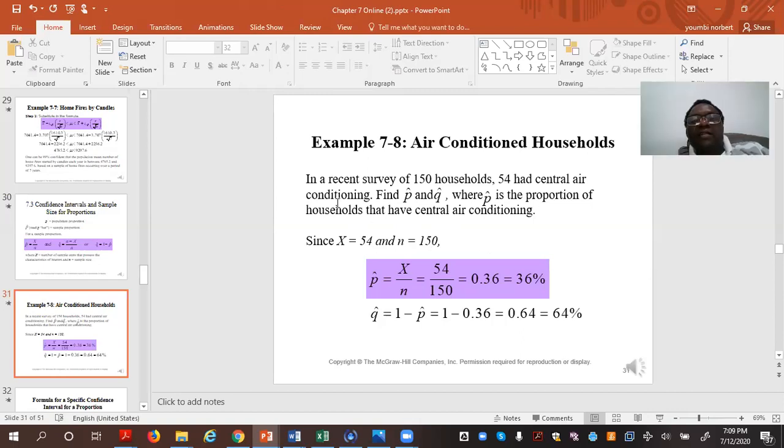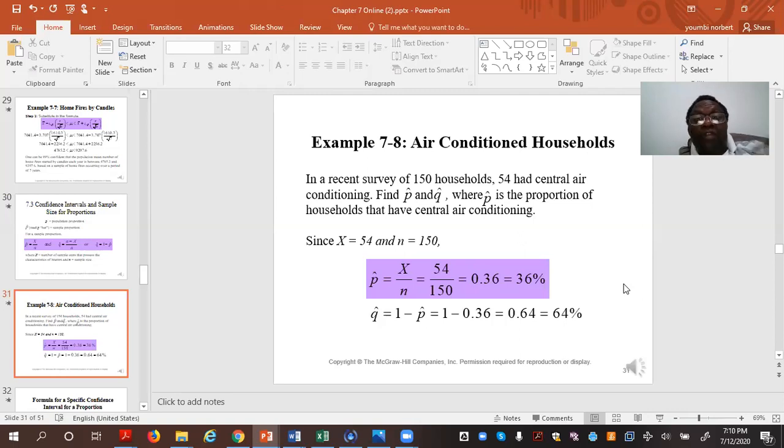Yes. Look at this example. In a recent survey of 150 households, 54 had central air conditioning. So the proportion of those who have central air conditioning is 54/150. That is 0.36. So 36% of the sample that we took have central AC.